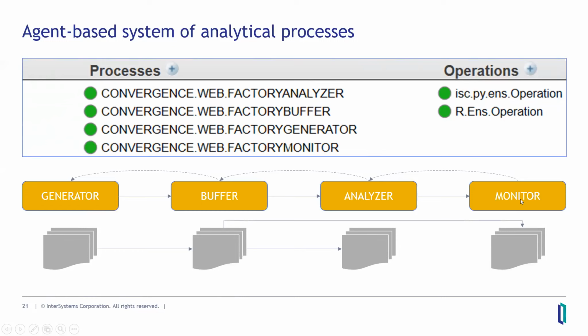And we have a monitor process that is responsible for monitoring the accuracy of the modeling done by analyzer. This process also manages the resulting queue. That means it takes the records that receive the prediction, deletes the old predictions, and maintains a buffer, so to speak, of the most actual predictions.